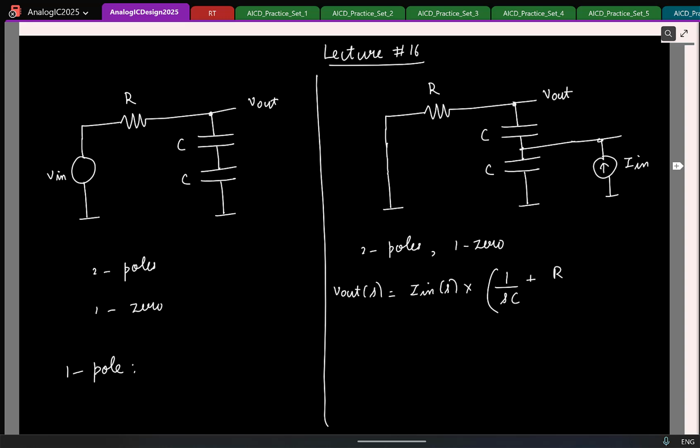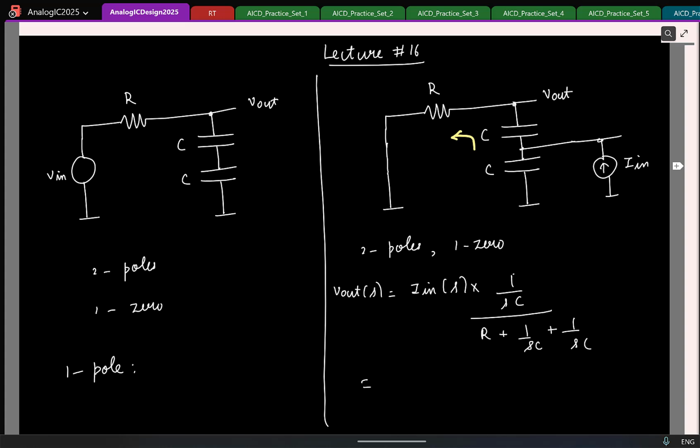So now what is it? Can you tell me? So I in of s times what will be the current flowing here? What is the current flowing in this branch? 1 by sC upon, right?